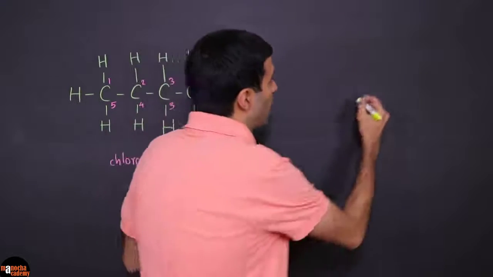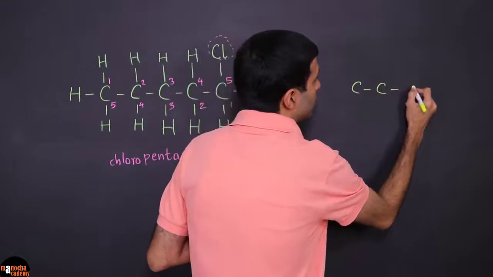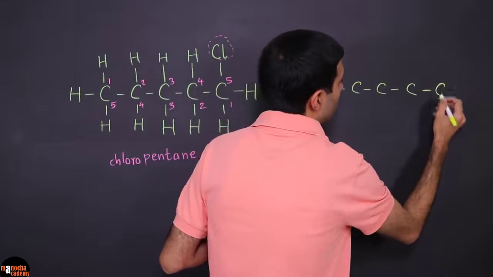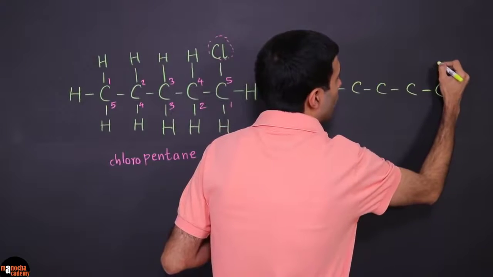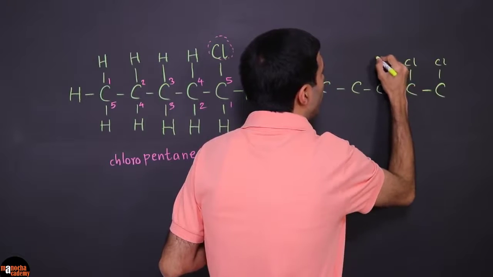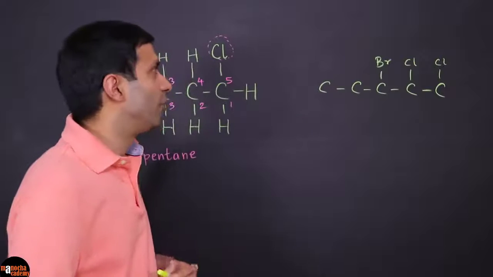Now let's take a look at another example. Let's say again we have 5 carbons here, and we have a chlorine in here, a chlorine in here, and let's say a bromine in here. I'm not drawing all the other hydrogens.